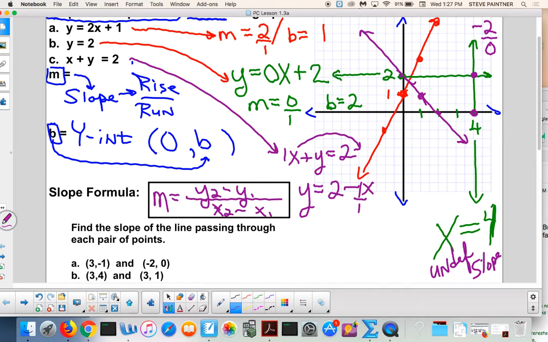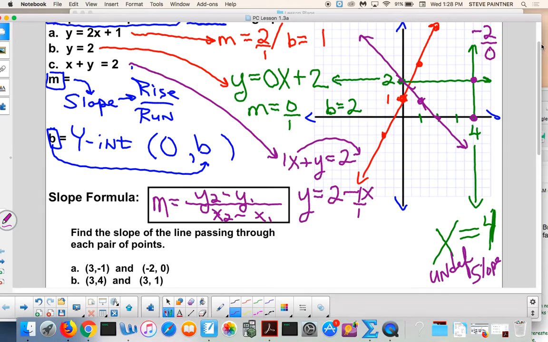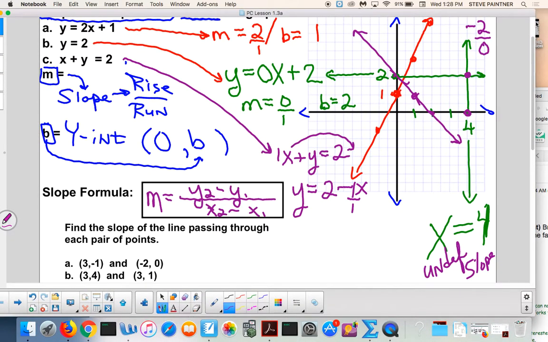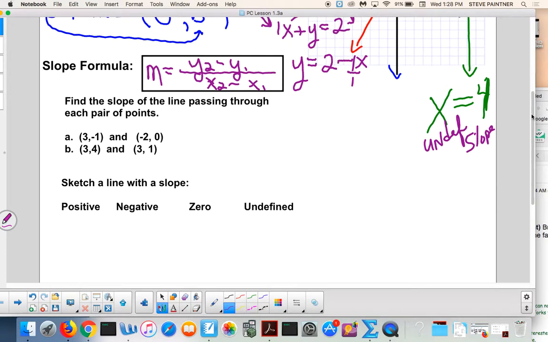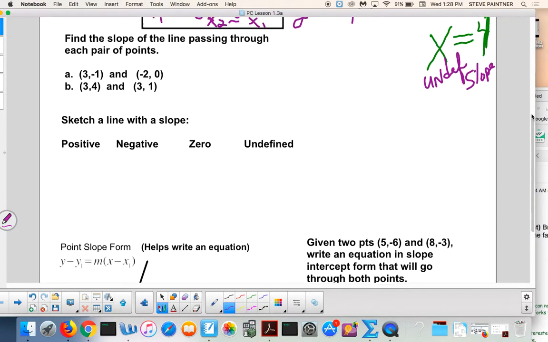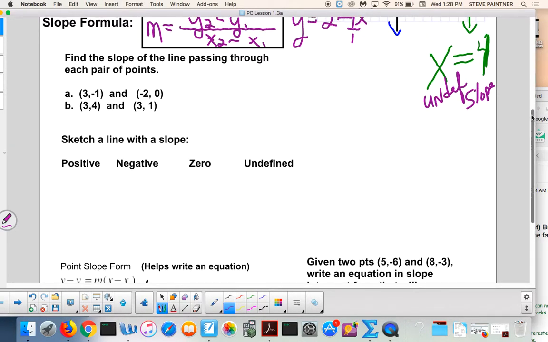Here's your problem. Find the slope of the line passing through each pair of points. Do A and then do B. See what you get. What's the slope of the line passing through the 2 points? And there's your formula, by the way, right there.